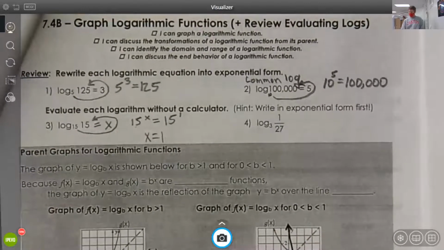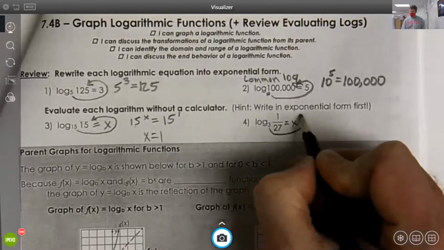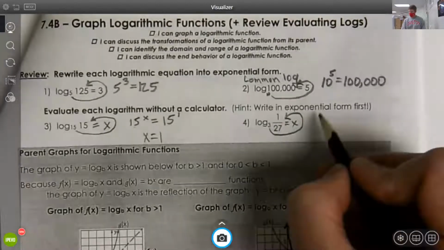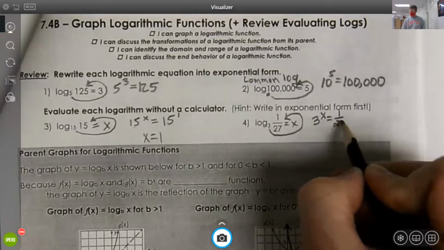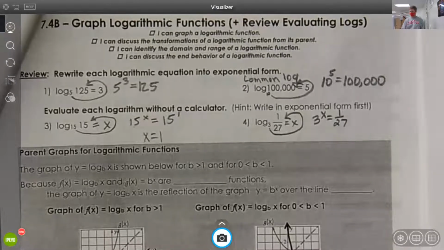And then for our last one, 3 to some power equals 1 over 27. We know that 27 is 3 to the 3rd power.